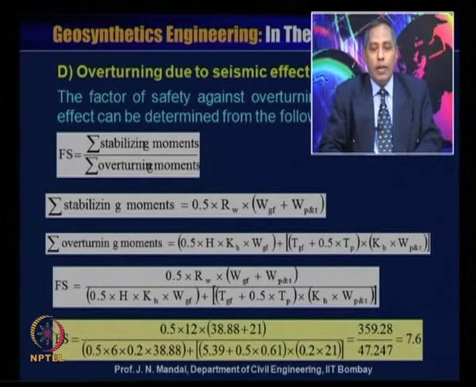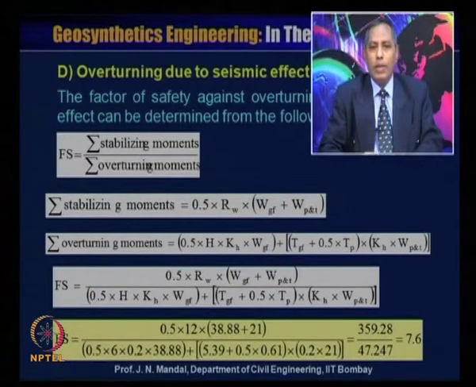And overturning moment is equal to 0.5 into H, where H is the height of the embankment, into KH into (WGF plus TGF) plus 0.5 into TP into KH into WPT.